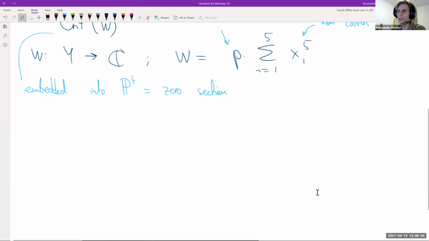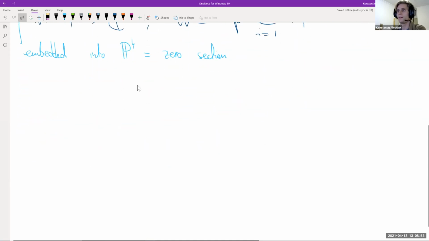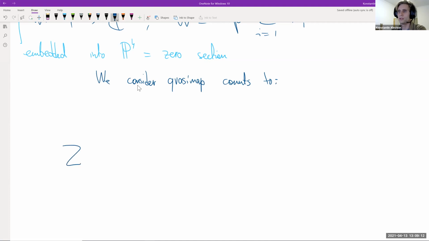There is a theory associated to this construction, some Landau-Ginzburg type theory. Let me draw a diagram. Consider quasi-map counts. One theory is Z itself, that is our quintic threefold.